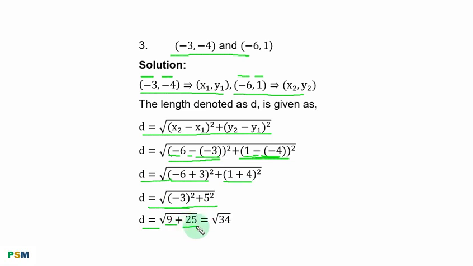When you add both, you have square root of 34. Because 34 is not a perfect square, we can leave it as root 34 as the distance between the two given points.